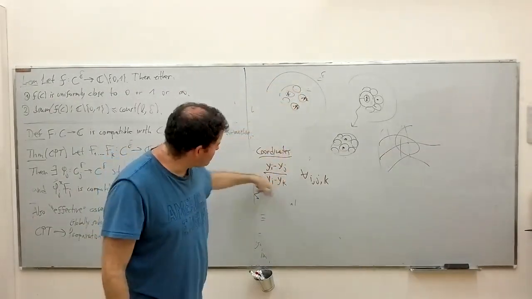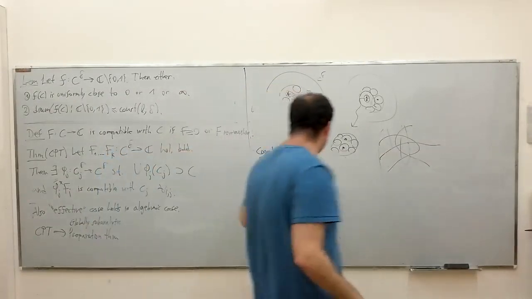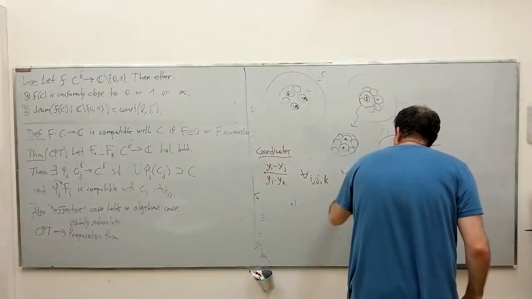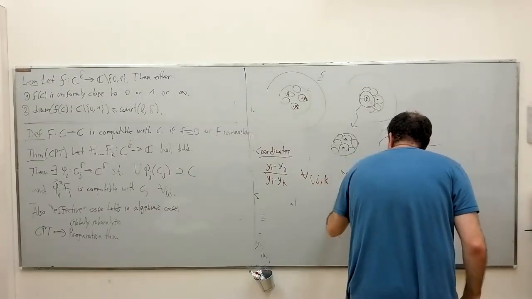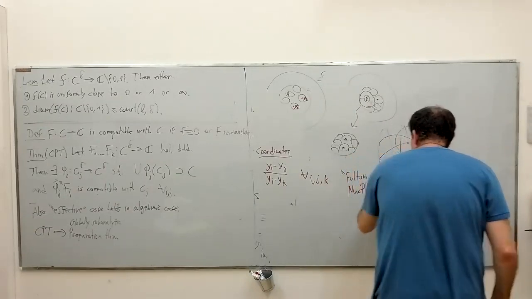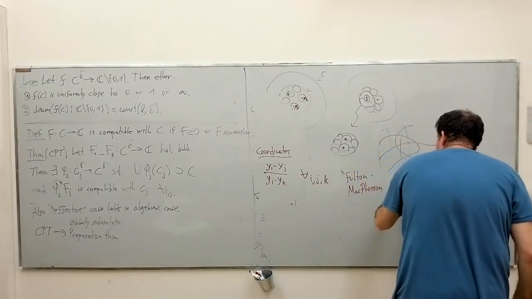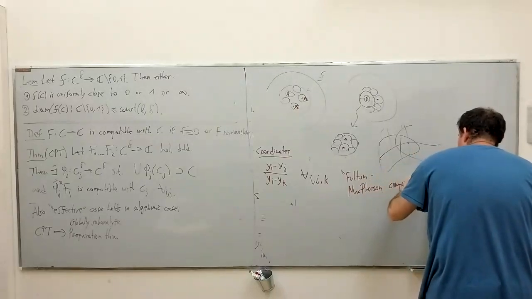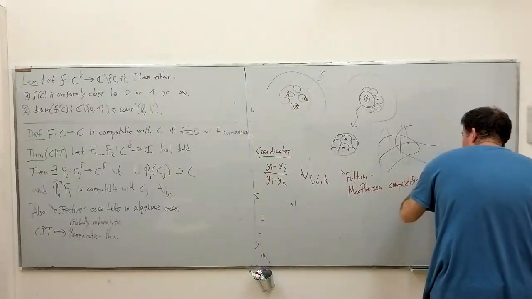And these coordinates are well known in algebraic geometry. They are basically the coordinates of the Deligne-Mumford compactification, which is a very important compactification on these configuration spaces of points.